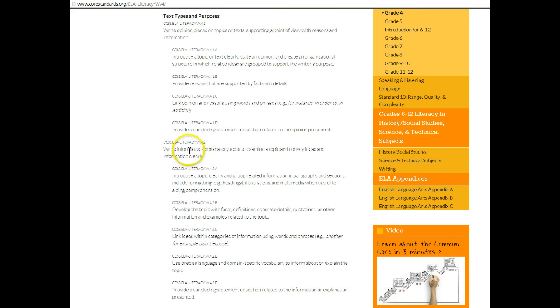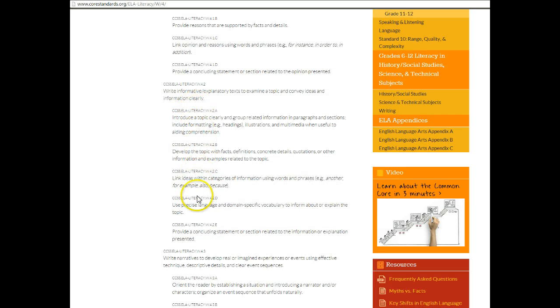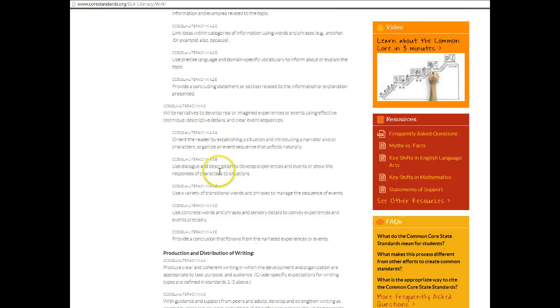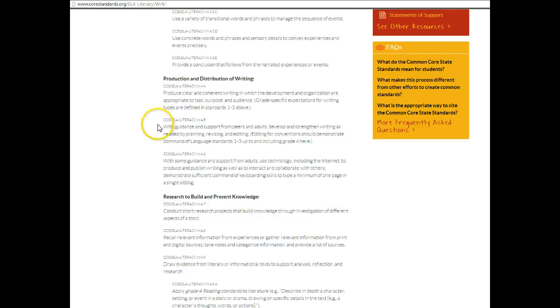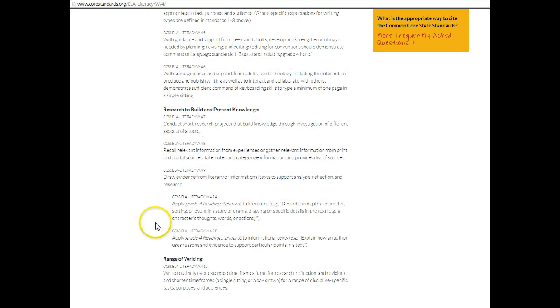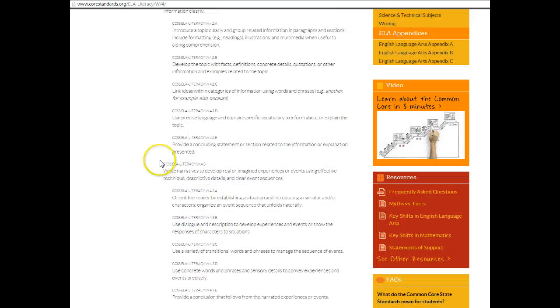Here are the expository texts, and here are the substandards for writing expository text, and here are the narrative texts, and again standards for writing narrative text. If we scroll down, here are the notes for production and distribution of writing again, research capabilities or expectations at the 4th grade level.